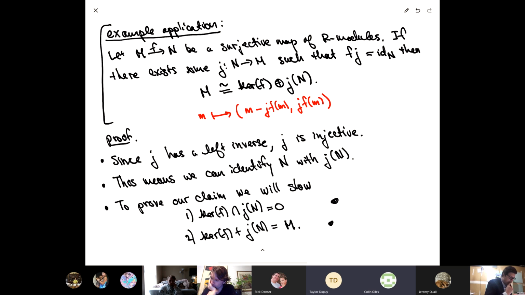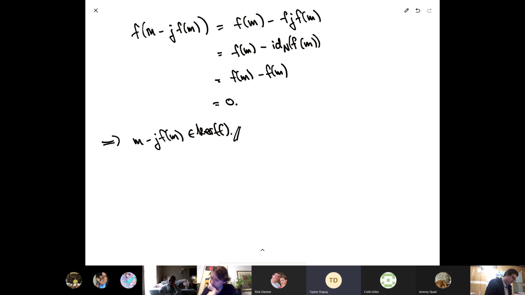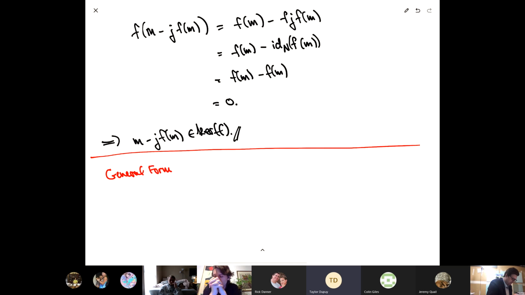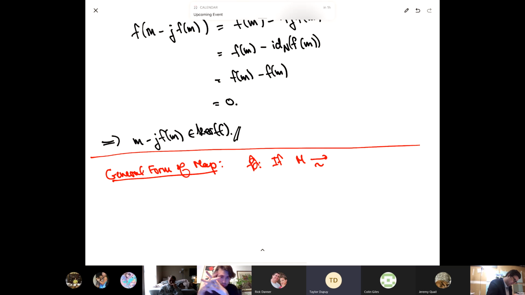My question was, is there a general form? Well, you can always have a projection. So the general form of the map, this is cheating, right? So you always have f. If you have an isomorphism from m to A direct sum B, then this thing always has two projection maps.